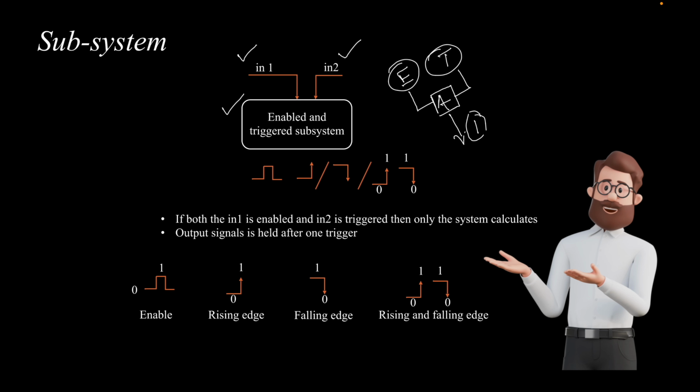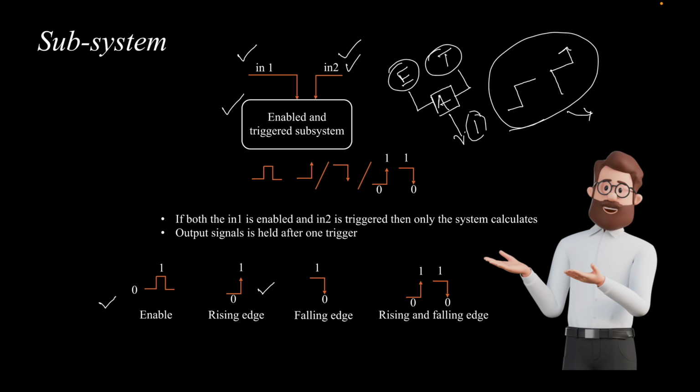Suppose your signal is enabled, now it is on, and along with that, there is a transition from 0 to 1 for signal 2. Then the calculation will get triggered. Okay. So this is the triggering condition for the calculation to get activated.